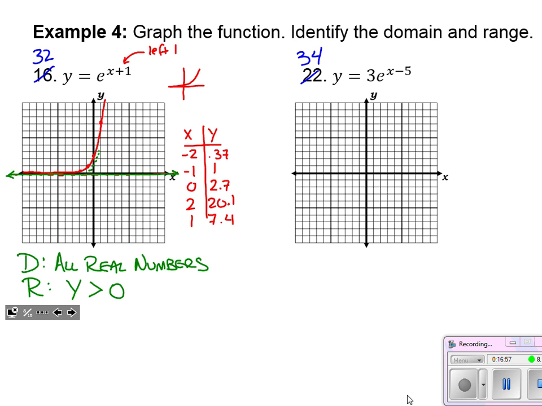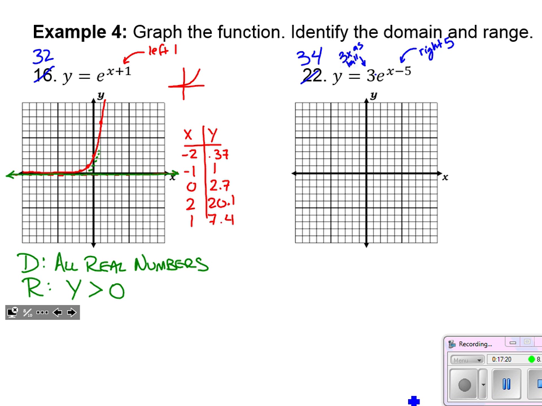Let's take a look at the second one here, number 34. Charades-wise, I've got a 3 multiplied out front, so I'm thinking, okay, 3 times as tall, vertical stretch, and then x, that -5 grouped in with x. I'm thinking that's going to be a right 5 if it's anything like our other transformations. Let's see what our calculator tells us.